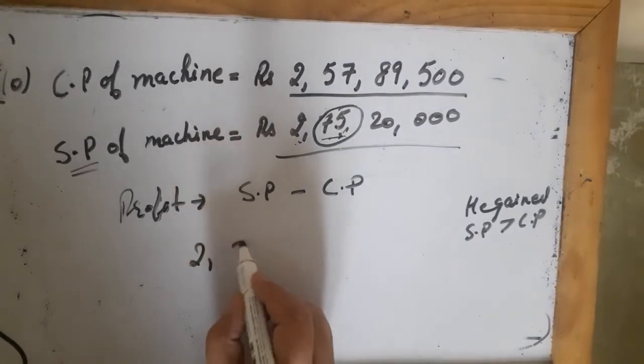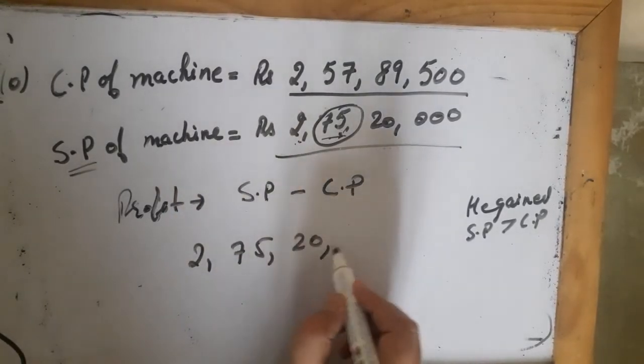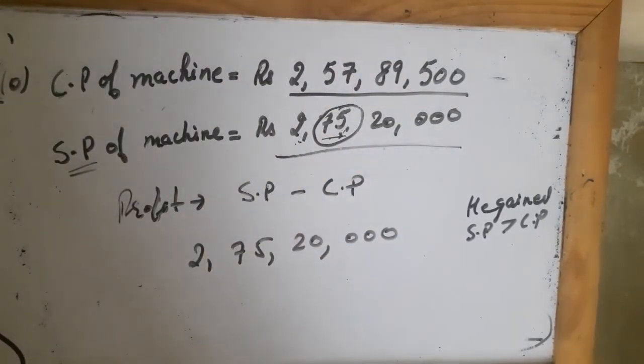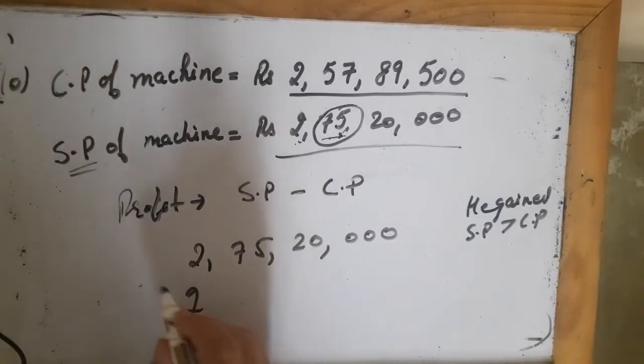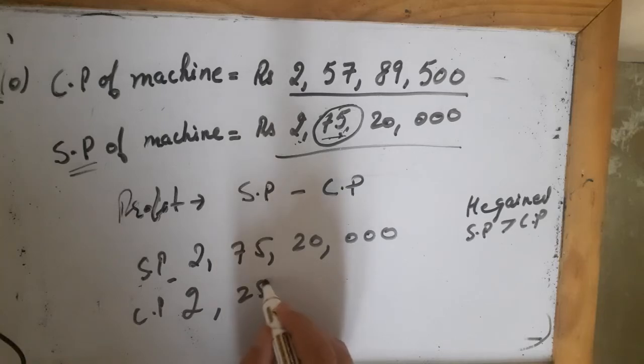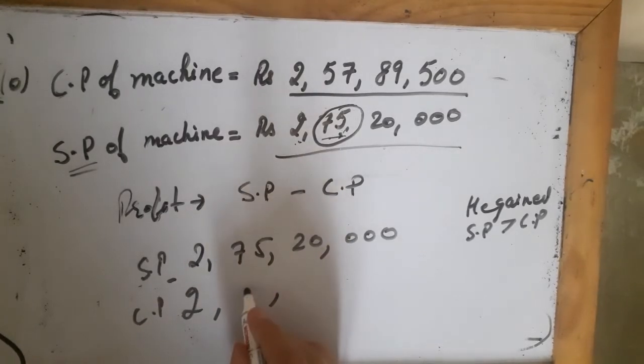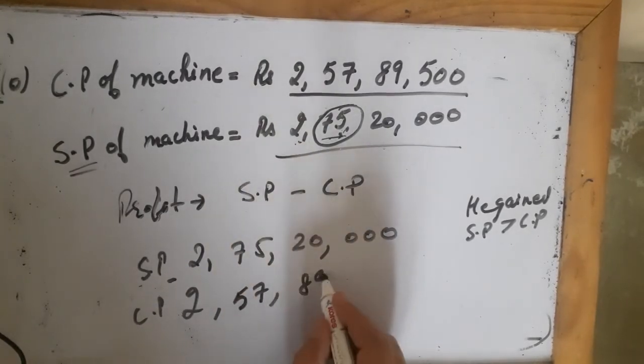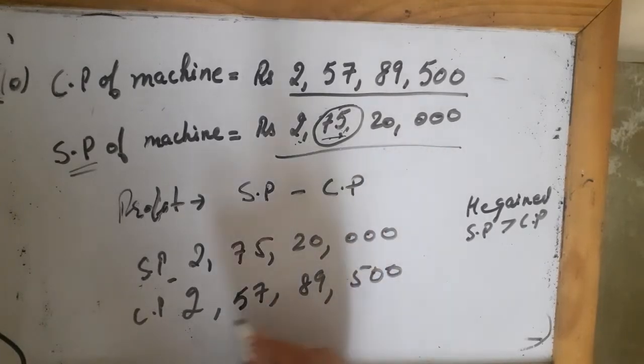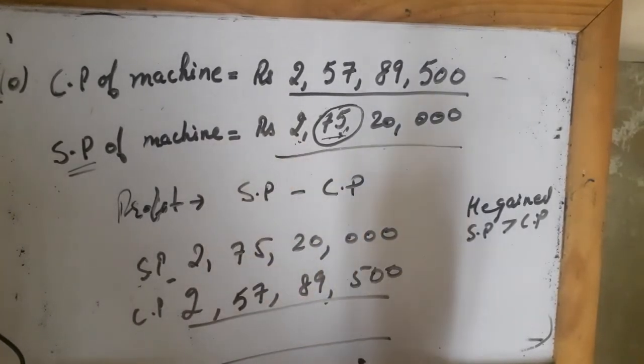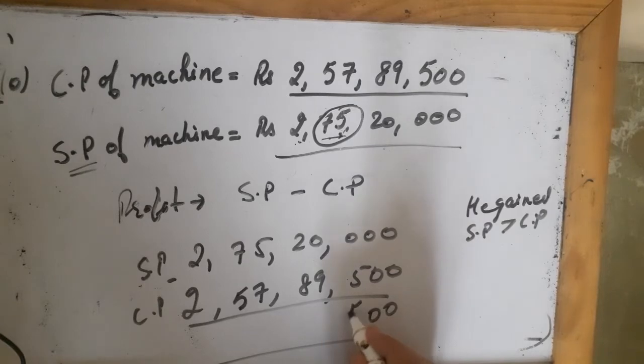So 2,75,20,000. This is my SP. From that I will subtract CP. And you will get the answer.